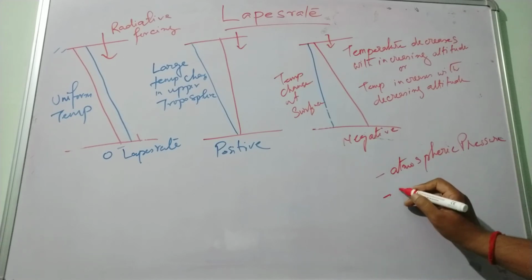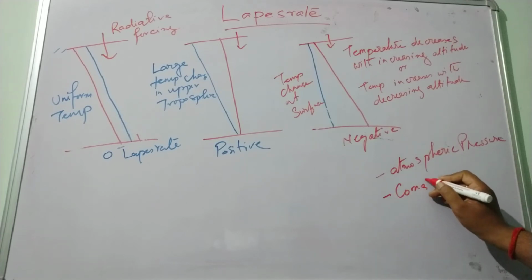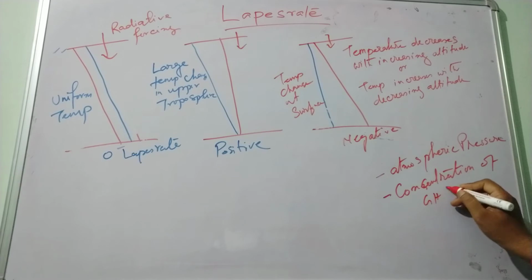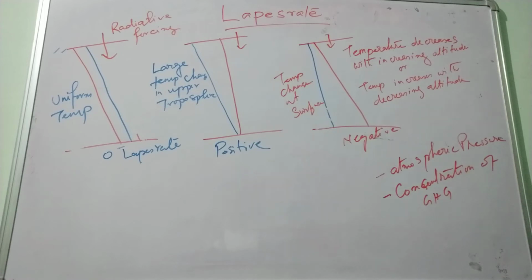And the concentration of the greenhouse gases like carbon dioxide, water vapor, etc., having a heat absorption capacity, will decrease with increasing altitude. Therefore, the temperature decreases with increasing altitude.